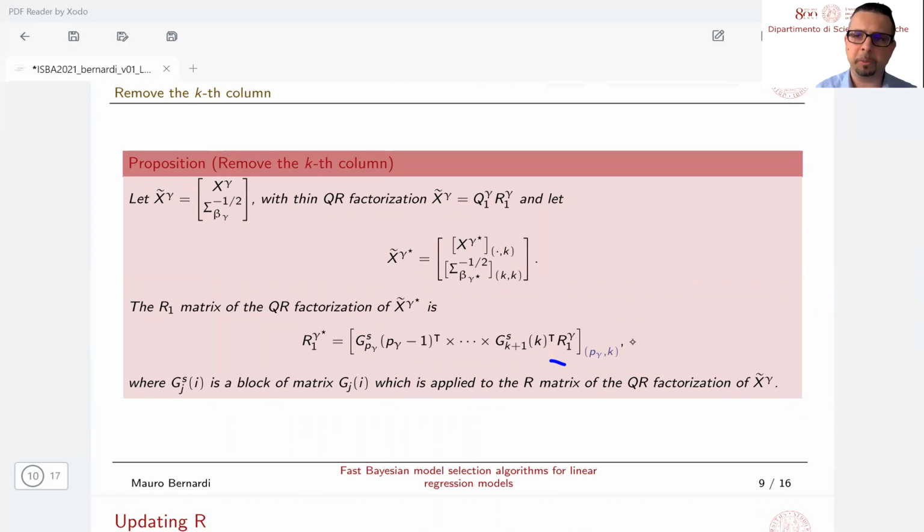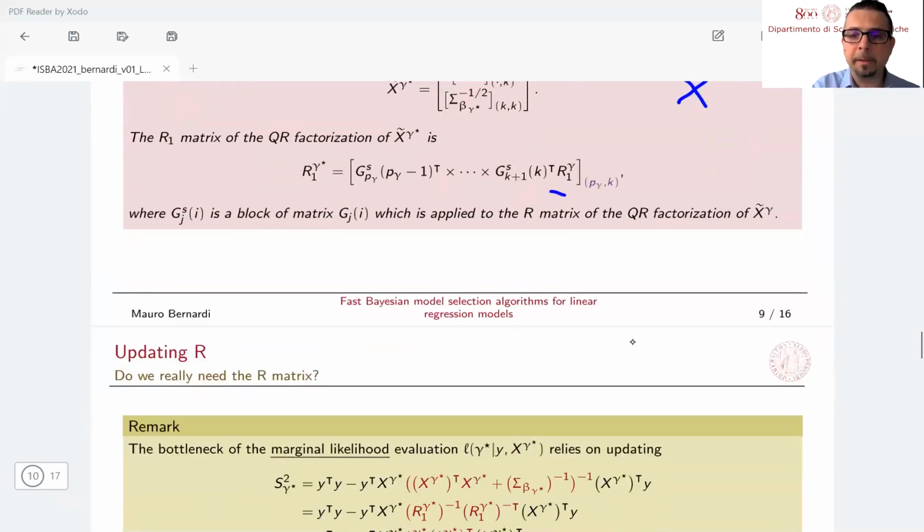Once those multiplications have been performed, the new matrix is obtained by deleting the kth column and the last row of the resulting matrix. So our formal proposition proves that the matrix that you obtain by performing those multiplications and those deletions coincides with the matrix you obtain by applying the thin QR decomposition to the new matrix X tilde gamma star.